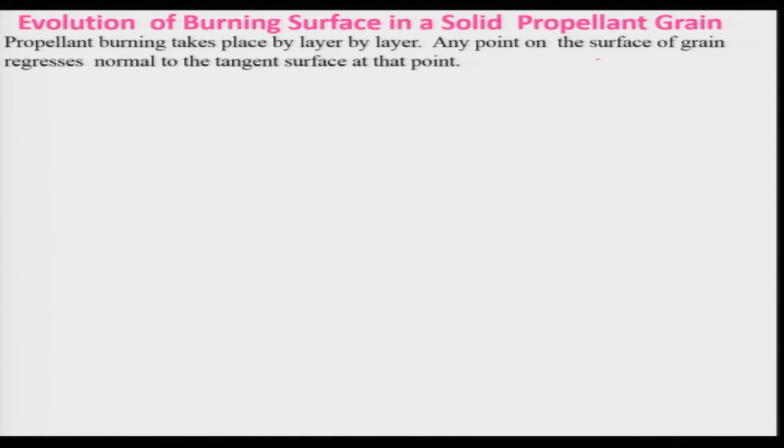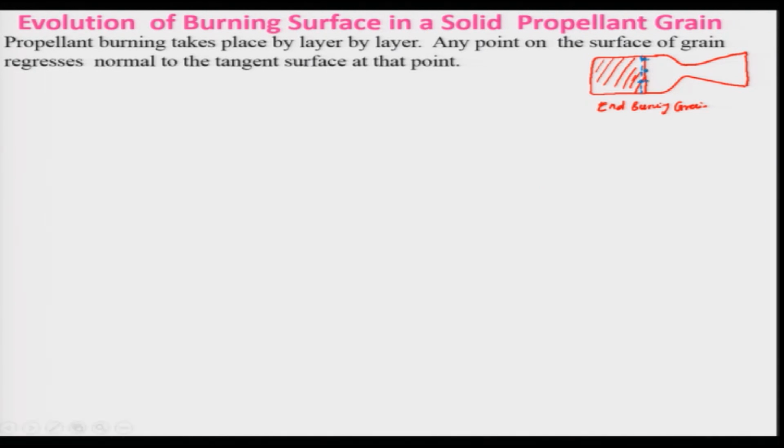Let us consider an end burning grain propellant. And this is, let us say, your solid propellant, which is the end burning grain. When I say it goes layer by layer, if it is regressing in this direction, it will be regressing layer by layer.